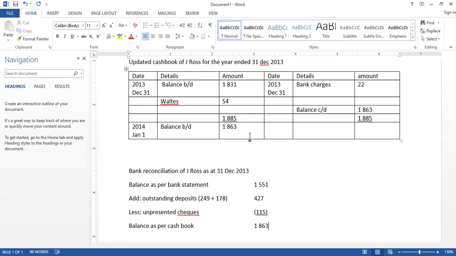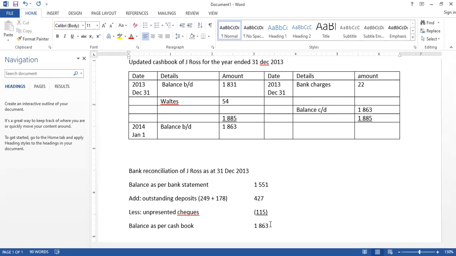So that is how you draw up a bank reconciliation statement. If you go back to the slides, there are two formulas. This is the formula for when you have a favorable bank balance, meaning you have money in your bank account. There is a formula for when you are given an overdraft, because sometimes you can be given an overdraft.